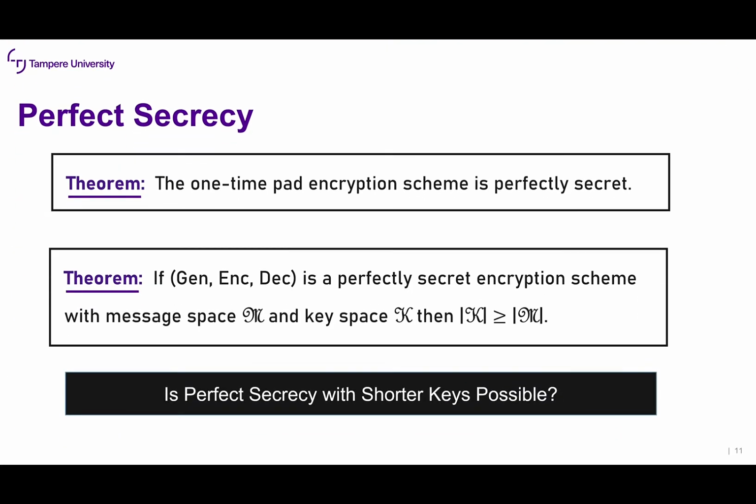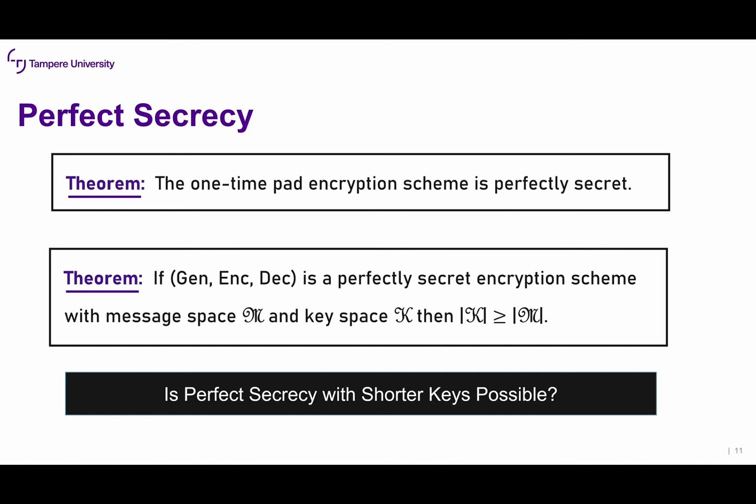Good. So some theorems about perfect secrecy. The first theorem says that the one-time pad encryption scheme is perfectly secret, right? So it fulfills the notion of unconditional security that we just described.